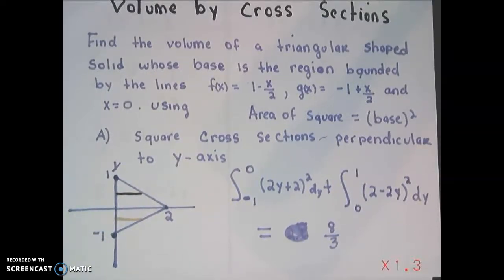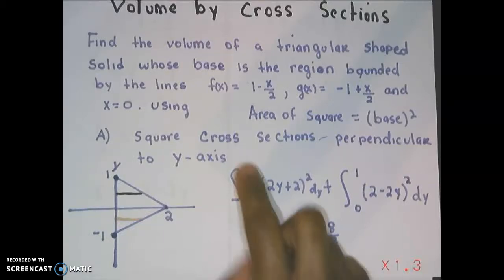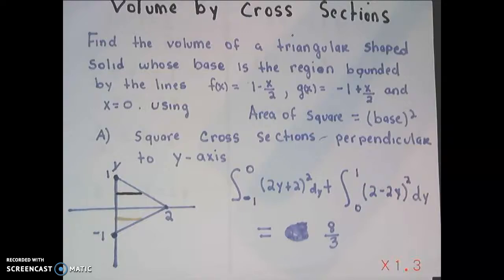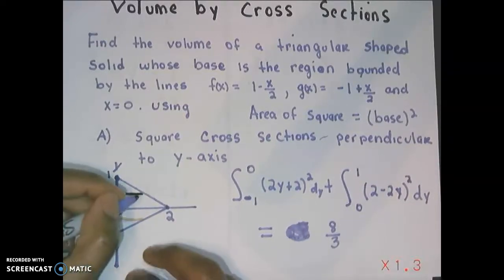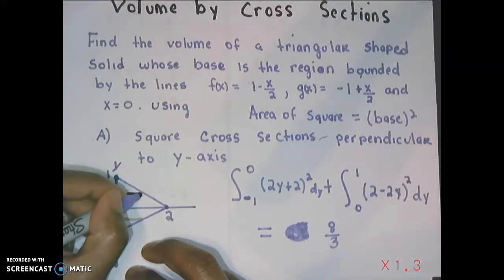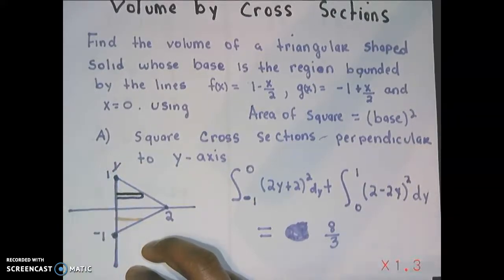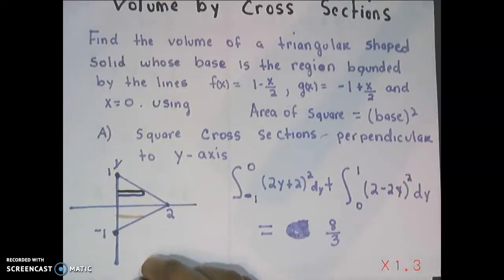And we want to find the volume created by cross sections that are square, and these squares are perpendicular to the y-axis. So if it's perpendicular to the y-axis, we know that our squares are going to be laying down horizontally.